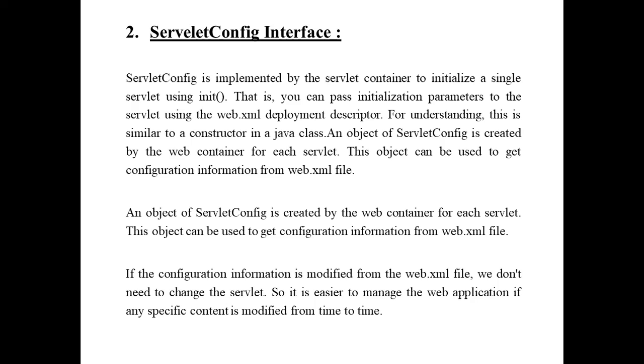So it is easier to manage the web application if any specific content is modified from time to time. So the ServletConfig interface is used to obtain the initialization parameters.